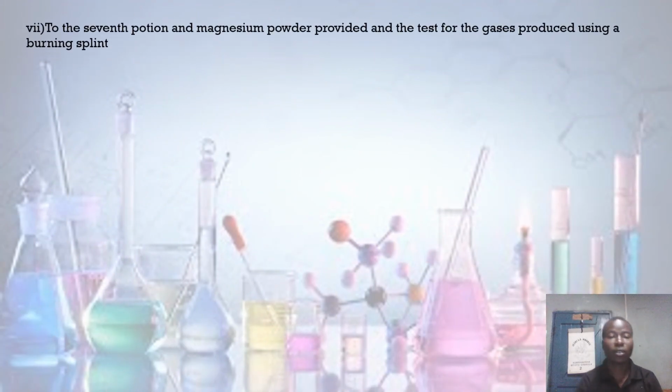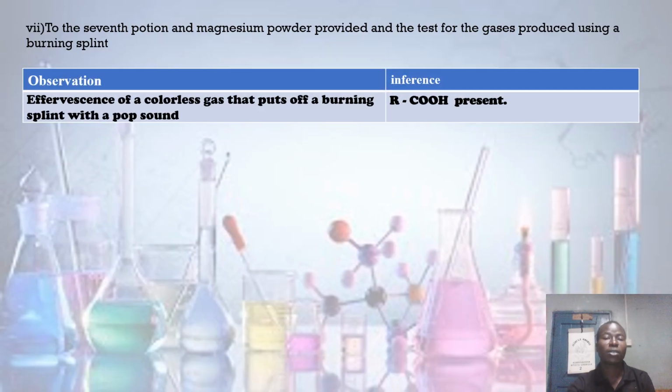Next, you may be supplied with magnesium powder and asked to add it to the resulting solution and test the gas produced using a burning splint. If you see effervescence of a colorless gas that puts off a burning splint with a pop sound, it will imply that RCOOH is present.